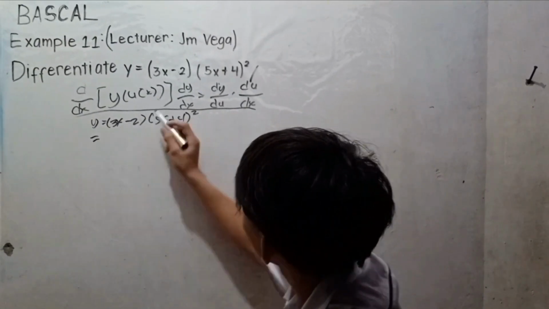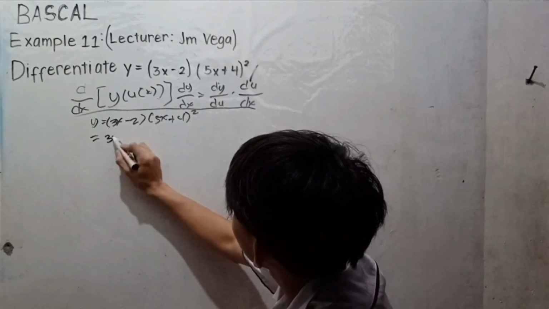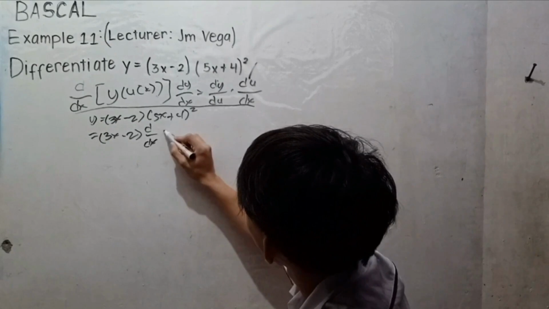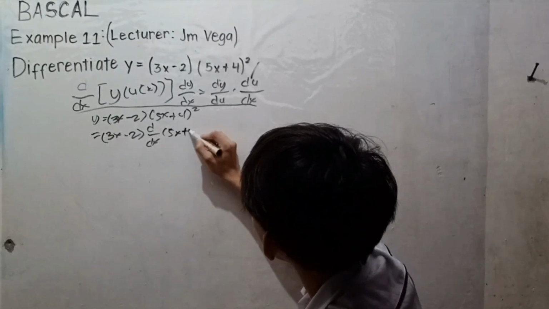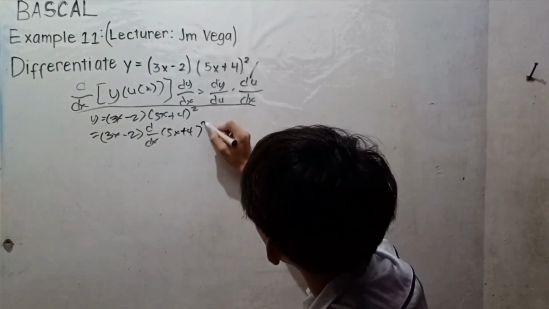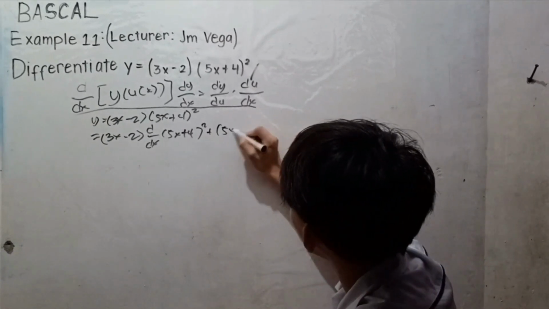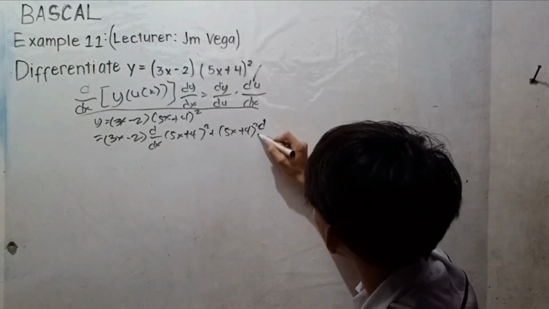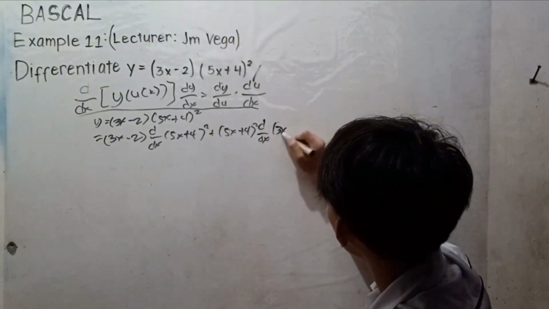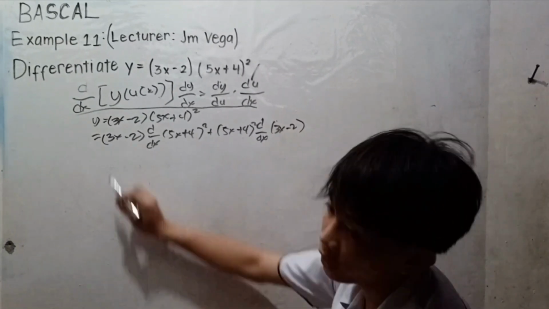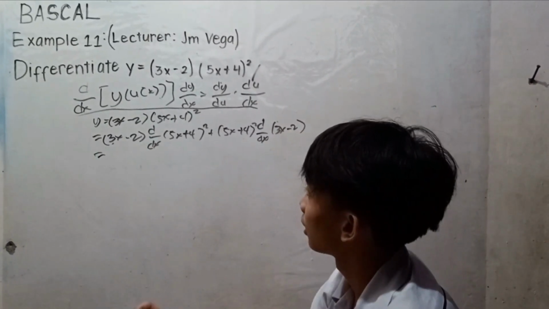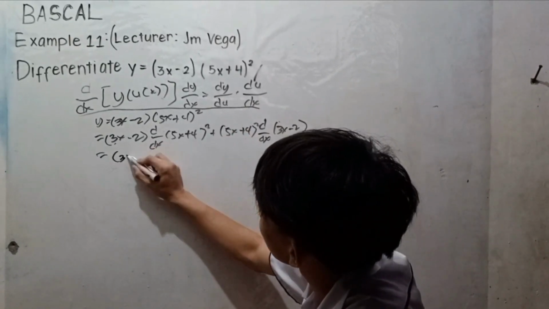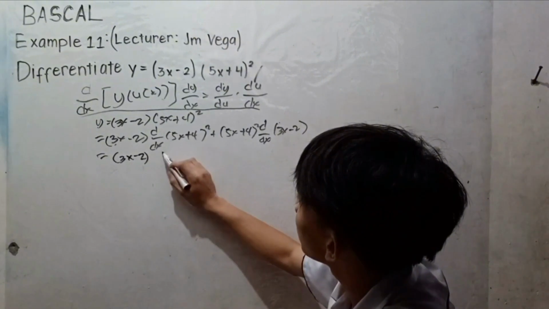So let's add it to the formula: 3x minus 2 and the derivative of (5x plus 4) squared, plus (5x plus 4) squared and the derivative of 3x minus 2. After that, we'll just rewrite it: bring down 3x minus 2 and the derivative of (5x plus 4) squared.